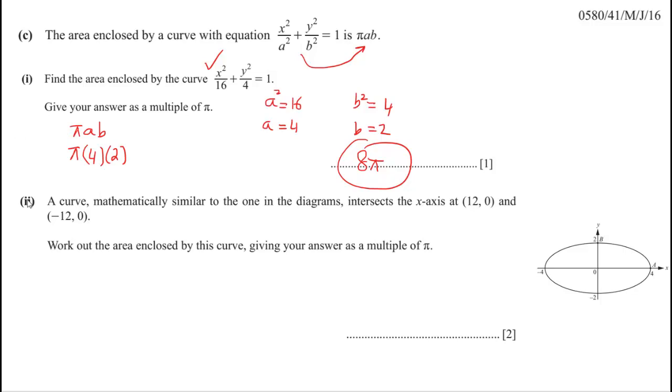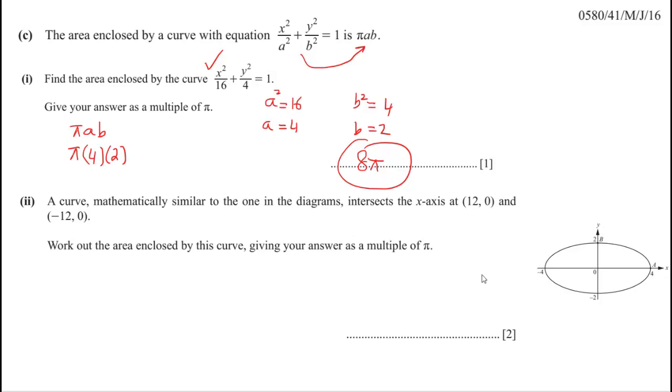And in the second part of the C, a curve mathematically similar to the one in the diagram intersects the x-axis at 12,0 and minus 12,0. Okay. So this is the diagram of the last step, and there is another similar diagram.